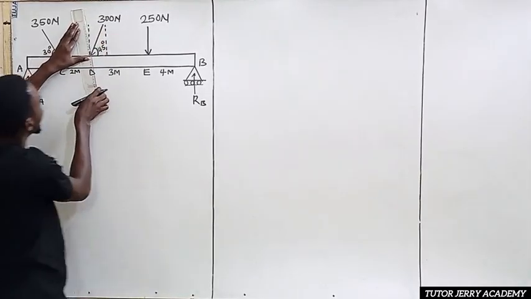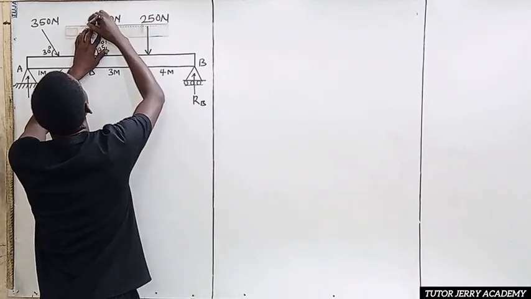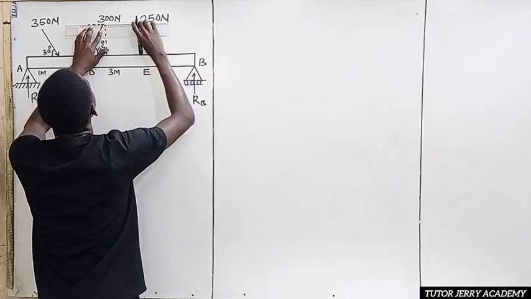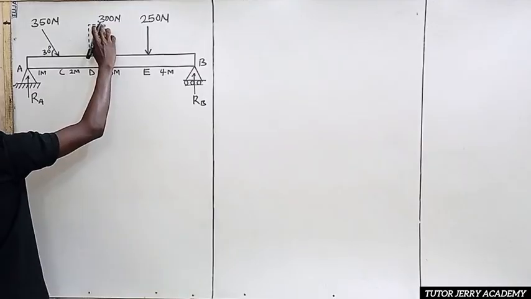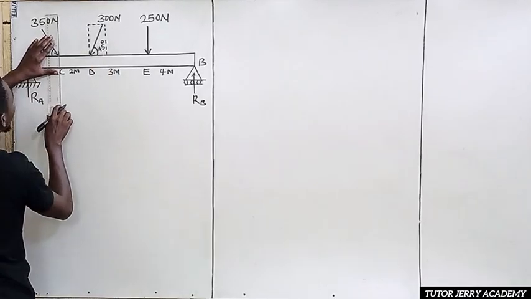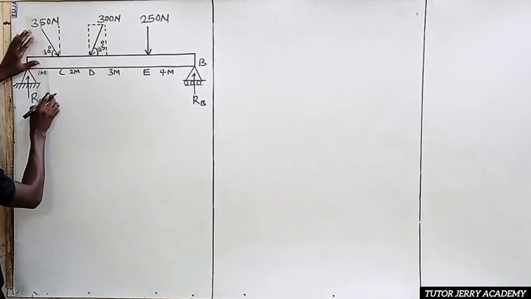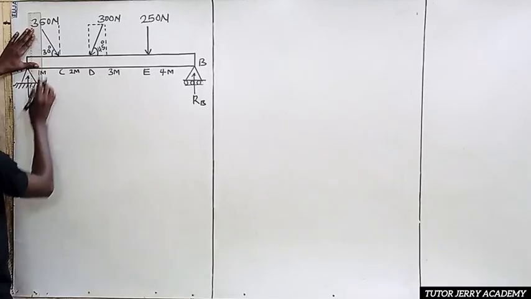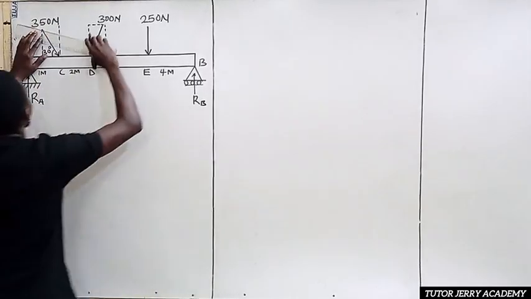Again, draw another dotted line at this angle. Everything should intersect at this side here. So let's draw another one here.